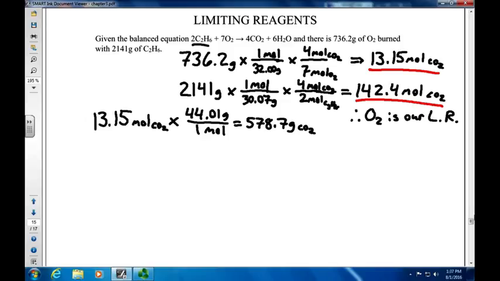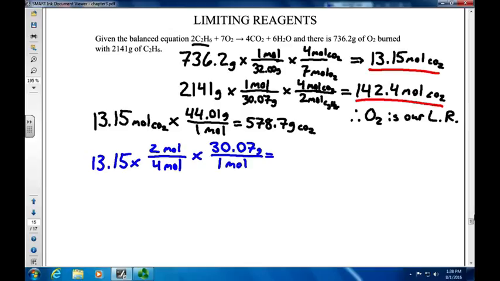You simply take the moles of CO2 and you again use the molar relation between CO2 and ethane, which would be 2 moles over 4 moles, which you can reduce to 1 over 2, times the molar mass of ethane, and that will get you 790.8 grams. That's the amount of ethane that is consumed.